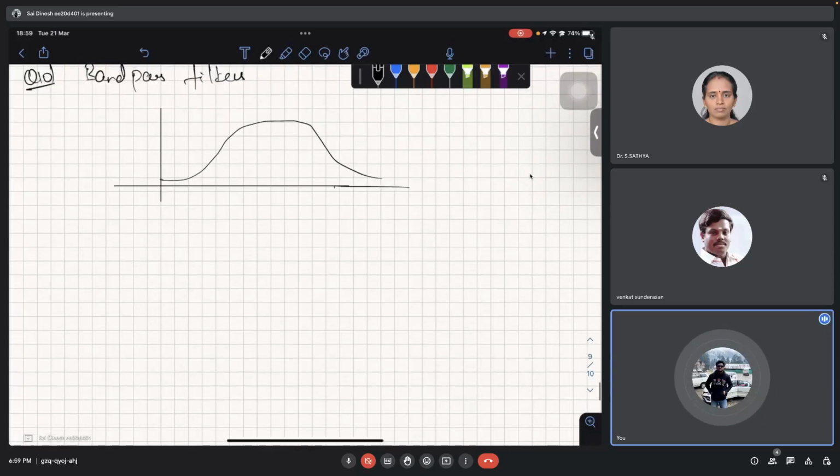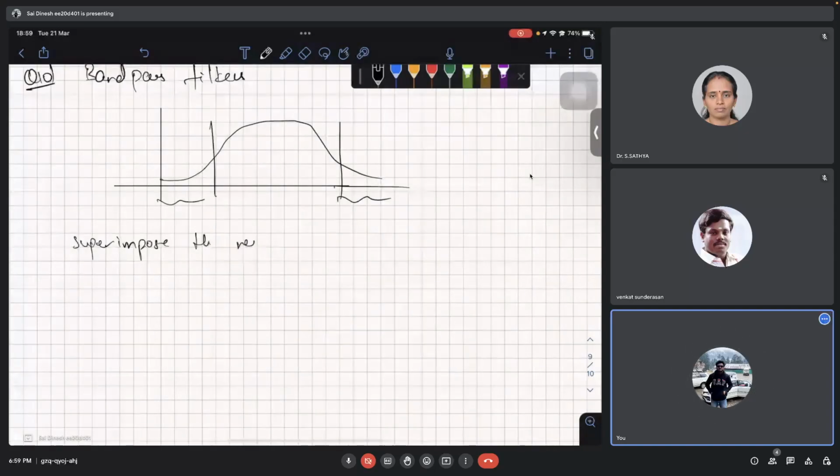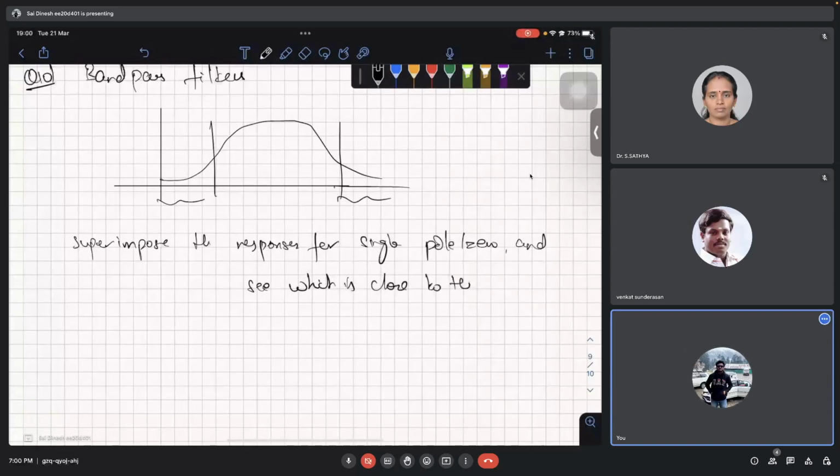So gain at the middle frequencies and then high attenuation at the low and high frequencies. So among the options, you can simply superimpose the responses for single pole and zero and see which is close to the above. Okay.